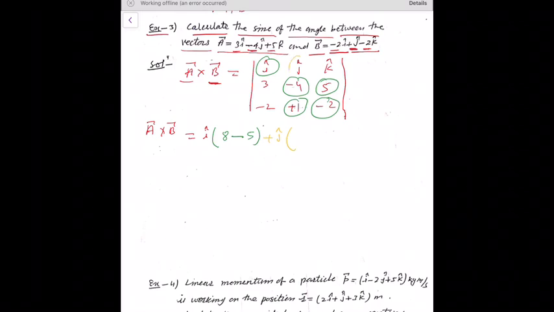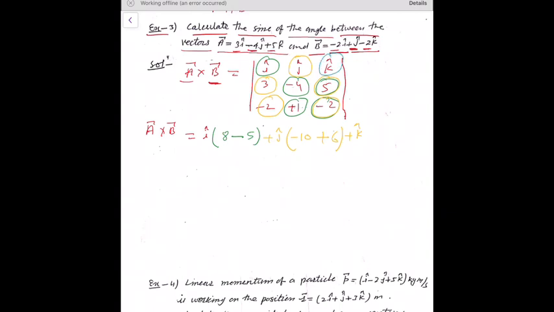Plus j cap: 5 into minus 2, minus 10, and minus 3 into minus 2, minus 6, here minus minus plus 6.